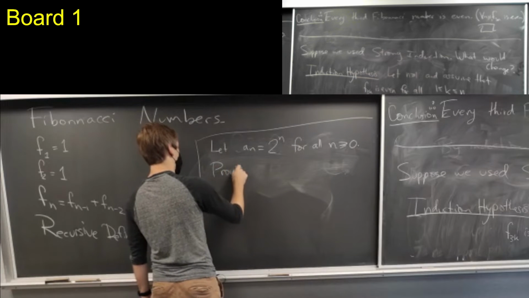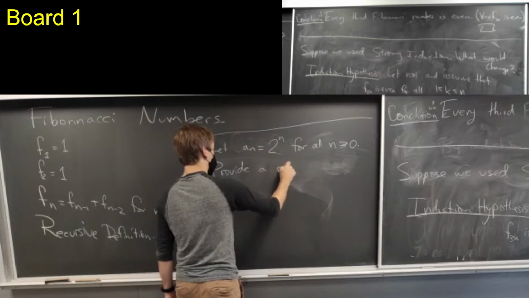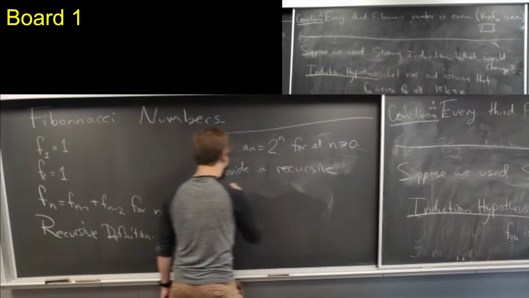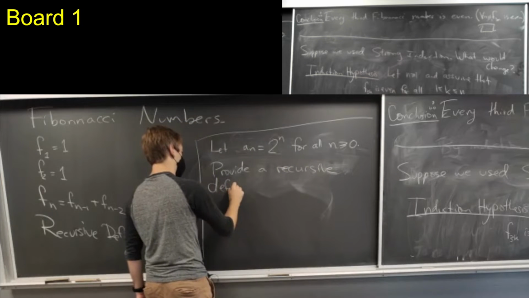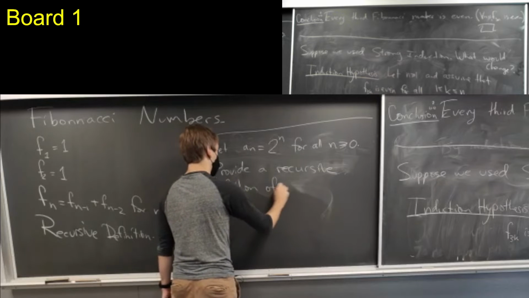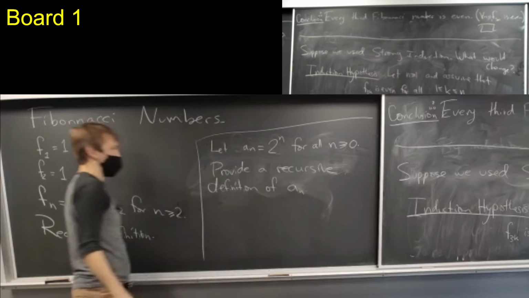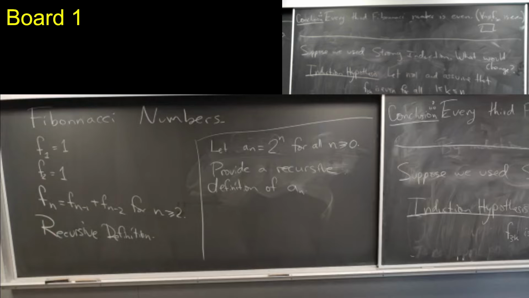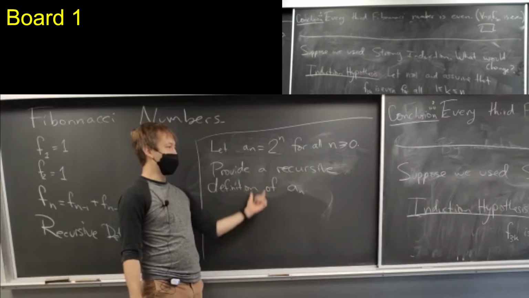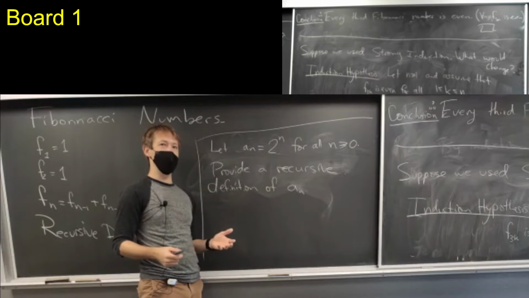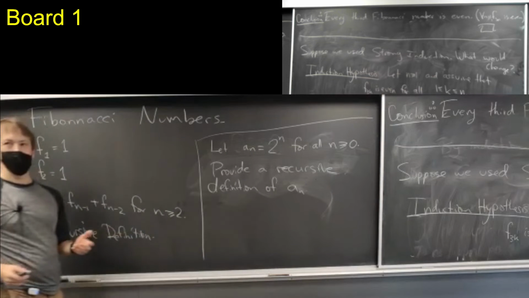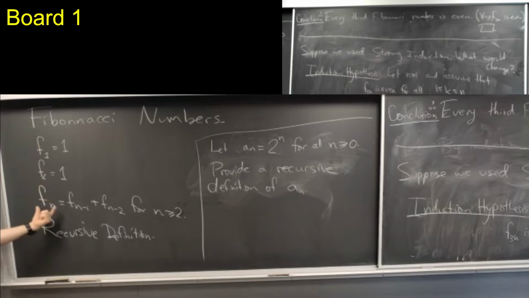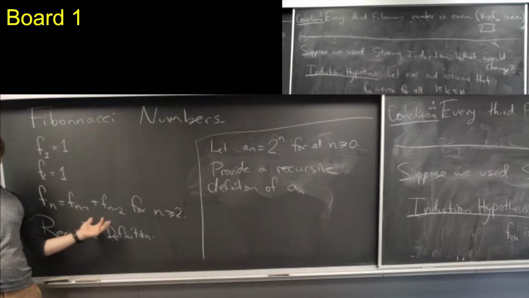The question could say, provide a recursive definition of a n. So it's a backwards question: I give you the formula and ask you to recursively define this sequence, meaning where each term depends on some previous terms.